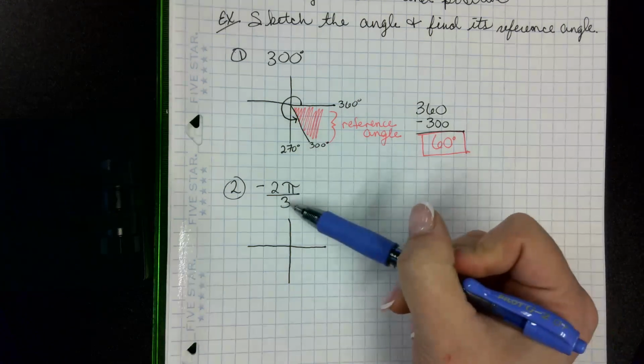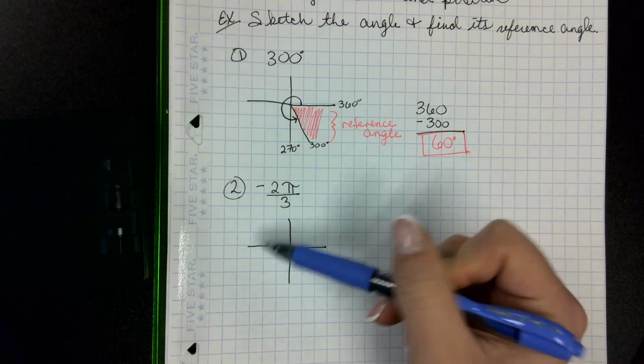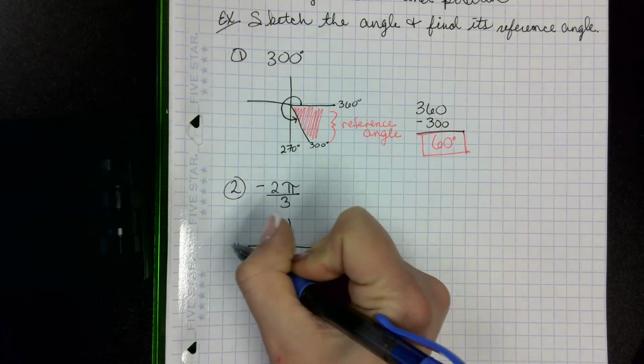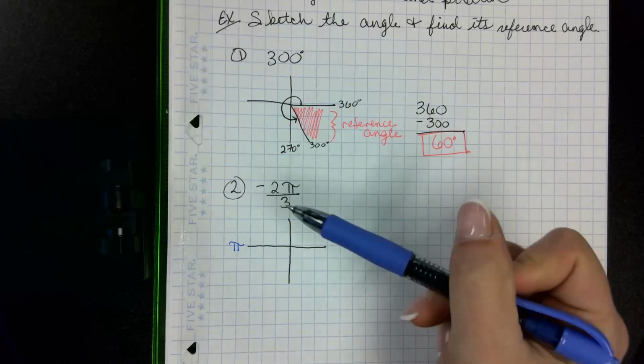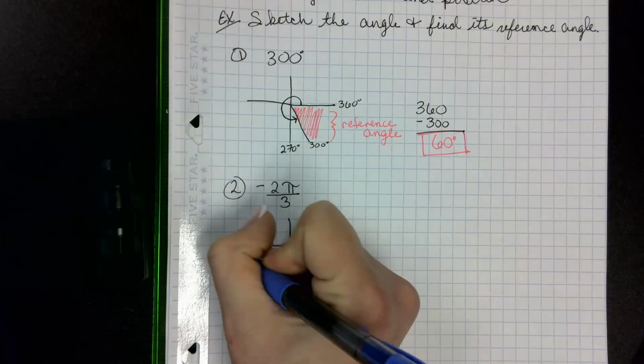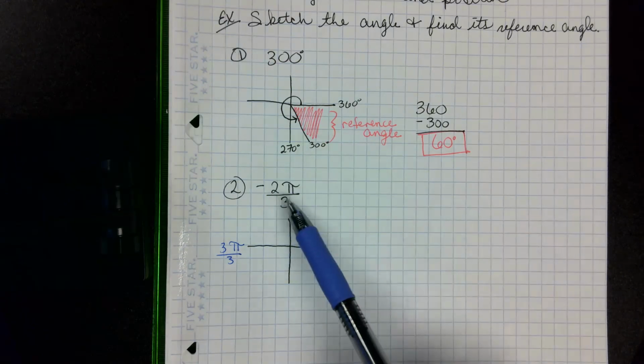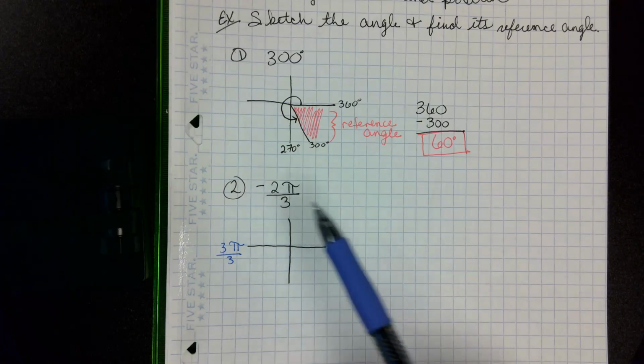Since this is over 3, when I label my points, I know this is pi, but instead I'm going to write this as 3 pi over 3, which is the same thing as 1 pi. But now they have matching denominators. Okay, and I'm looking for 2 pi over 3 because I'm just doing the positive version right now.